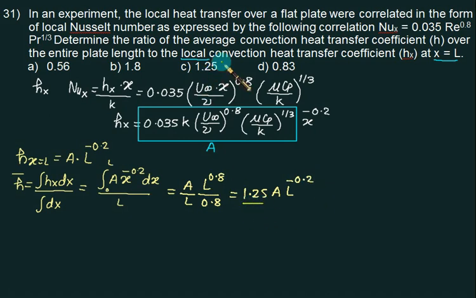Now a into L to the power minus 0.2 is the same as Hx. So the average value is 1.25, so h bar upon Hx equals 1.25.